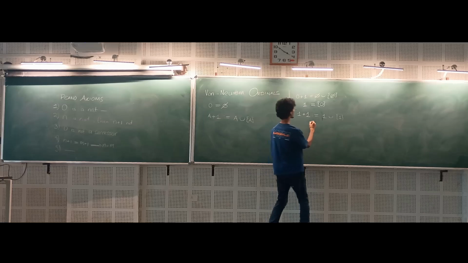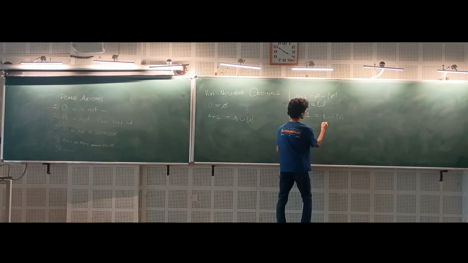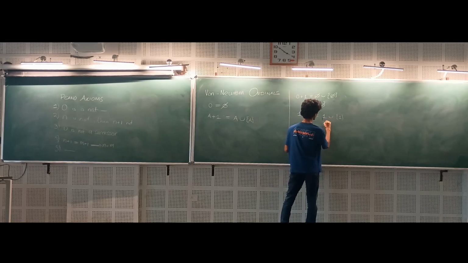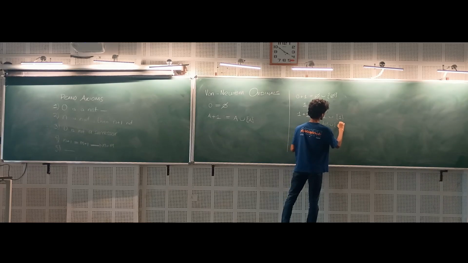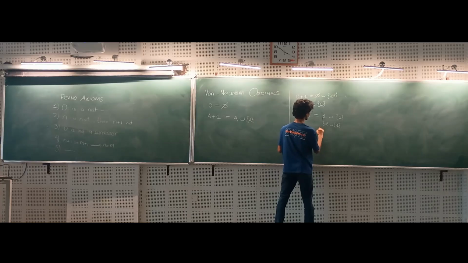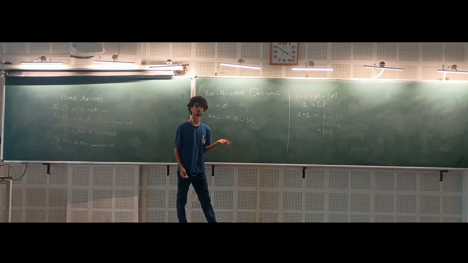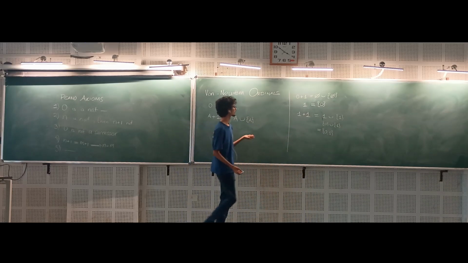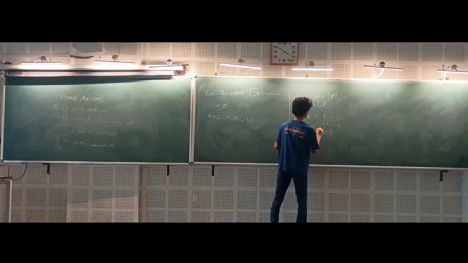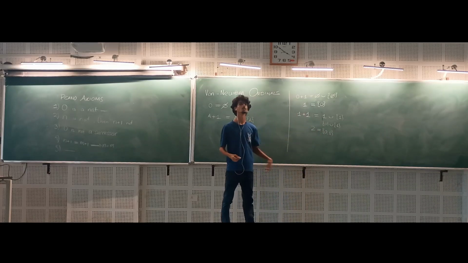And if you open this, what was 1? It was the set that was 0. This was the set that was 1. So this becomes simple enough. 2 is the set 0, 1. What would 3 look like?